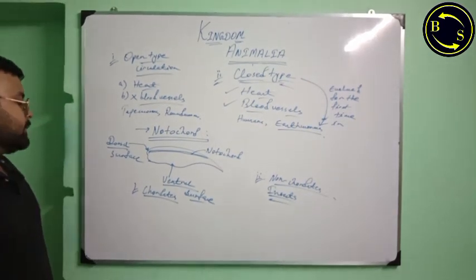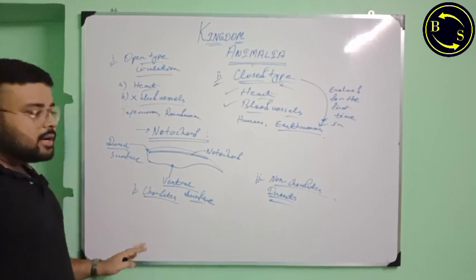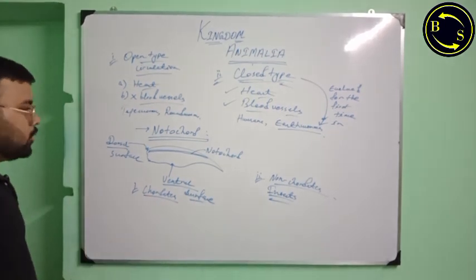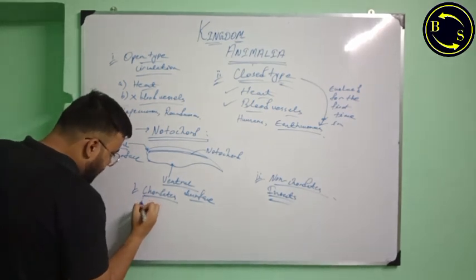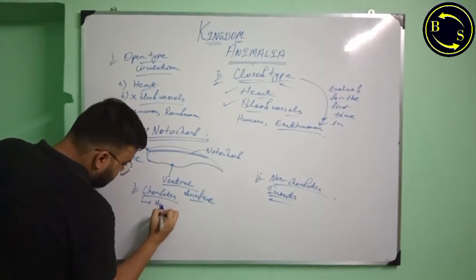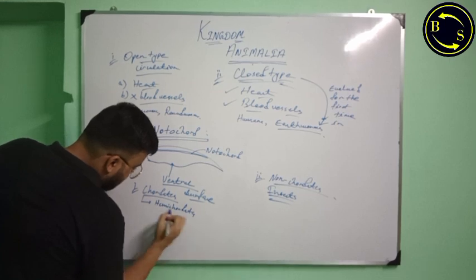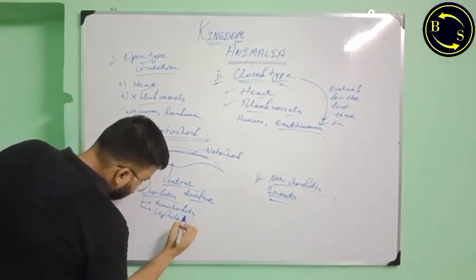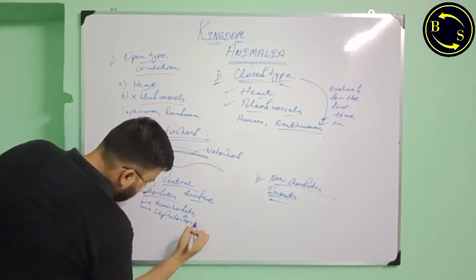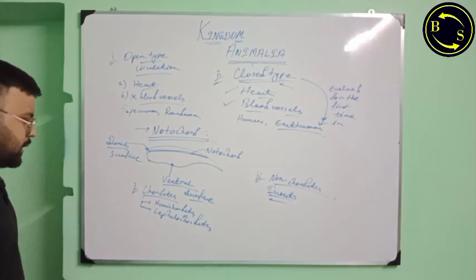But in chordates, something extraordinary happens. Some chordates retain this notochord throughout their life. They can again be divided into hemichordates, cephalochordates, and other varieties.